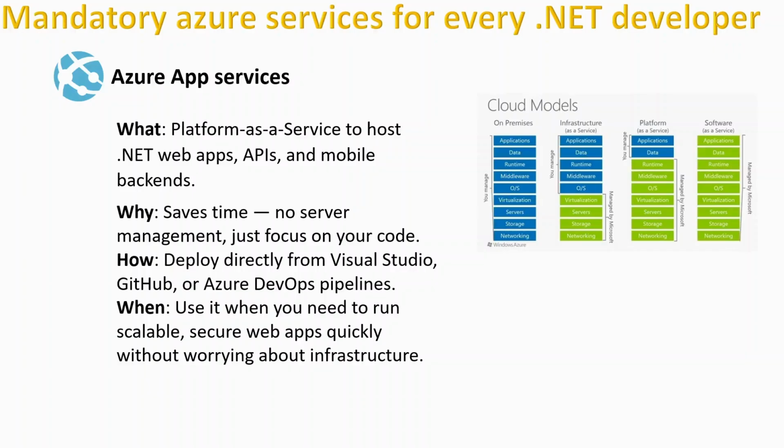In infrastructure as a service, when you want to manage the operating system yourself, you can choose infrastructure as a service. When you want to focus on your application development and let Microsoft manage the servers, you can choose platform as a service.